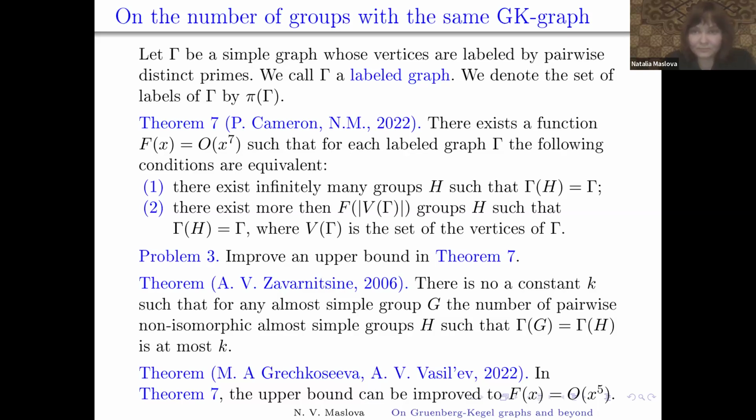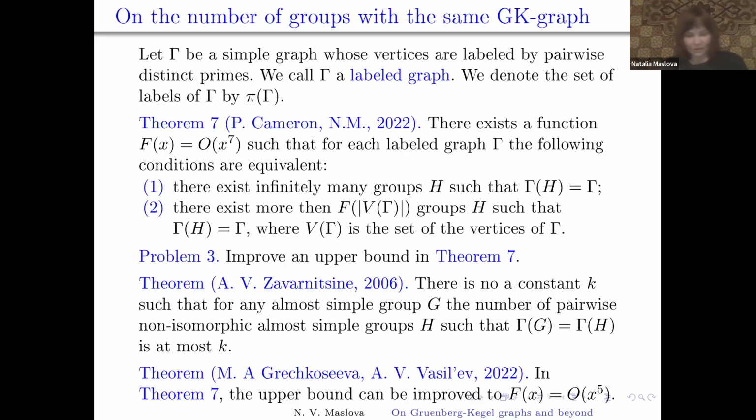And we have proved that Peter Cameron and I constructed a polynomial function of degree 7 such that for each labeled graph, there are infinitely many finite groups whose Gruenberg-Kegel graphs are equal to this graph if and only if there are more groups than the value of the function on the number of vertices of this graph, such that the Gruenberg-Kegel graph coincides with our given graph.